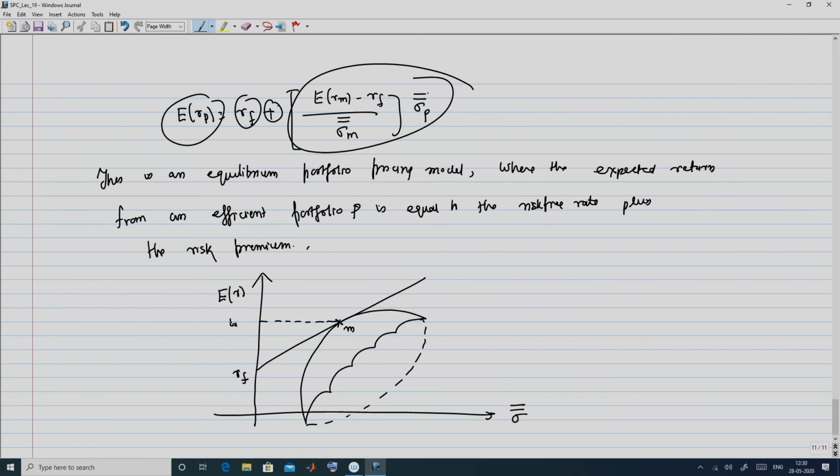So, this will give me the corresponding E of RM and sigma m double bar, and this curve here is EF for efficient frontier, and this line is what is known as the CML in the semi-variance framework in the sigma double bar, ER space.